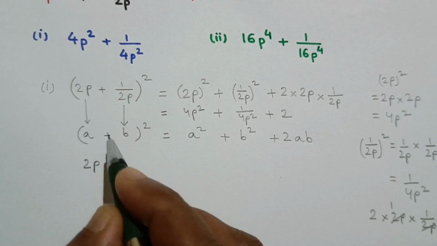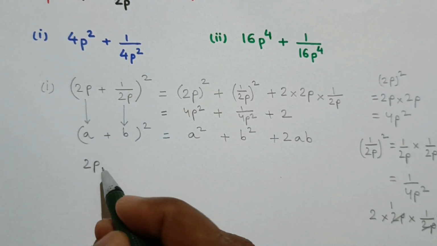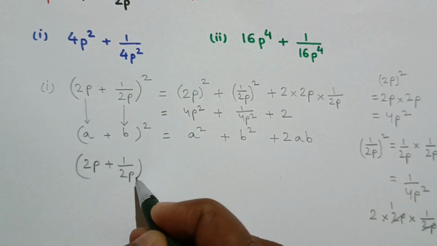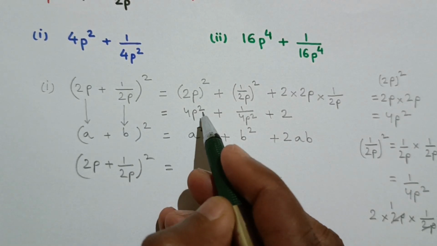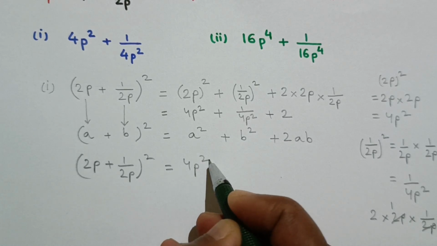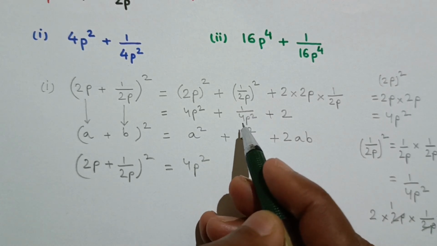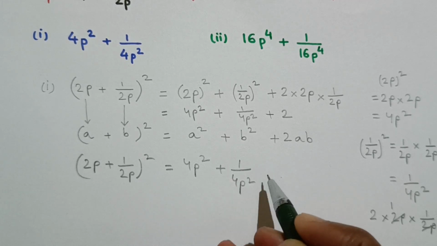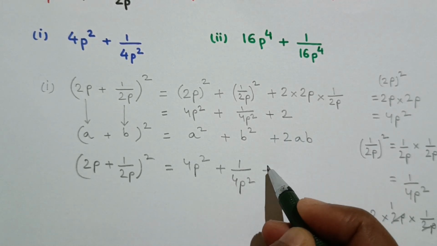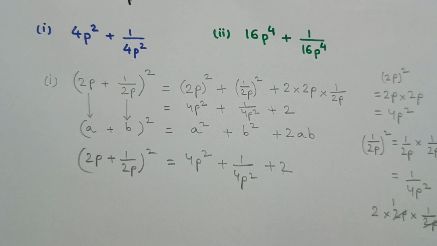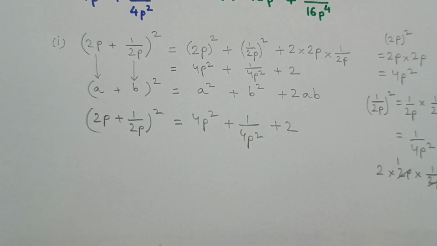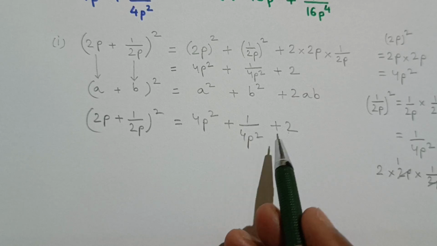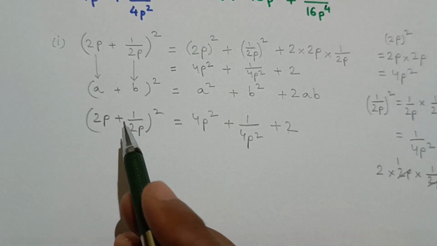So 2p plus 1 by 2p whole square is equal to 4p square plus 1 upon 4p square plus 2.